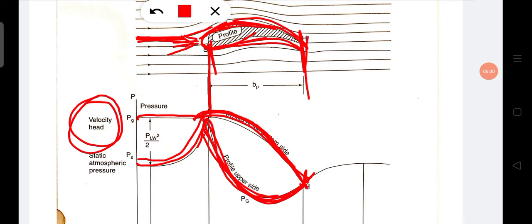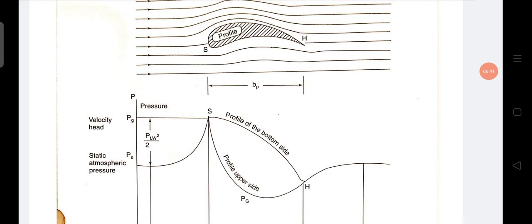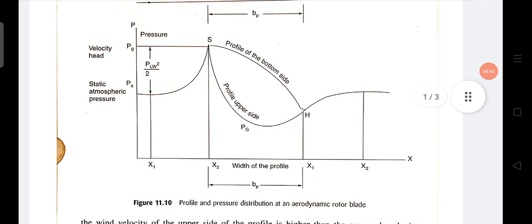Then at the H side the pressure increases and becomes constant as PS. Here also PS means constant atmospheric pressure. So the pressure variation happens like this.